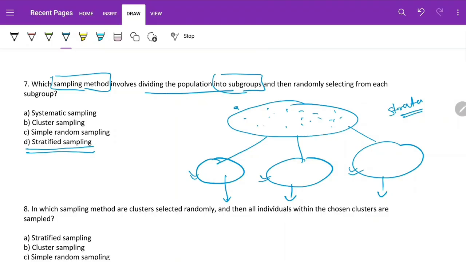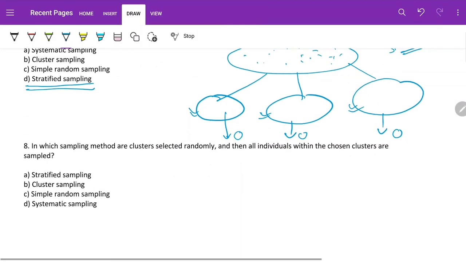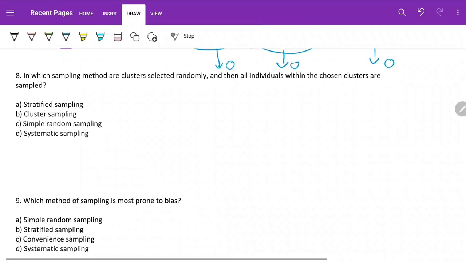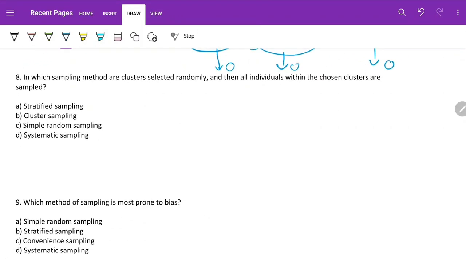When our population is heterogeneous, we form homogeneous groups and then we draw the sample from the subgroups. Then we have: in which sampling method are clusters selected randomly and then all individuals within the chosen clusters are sampled?